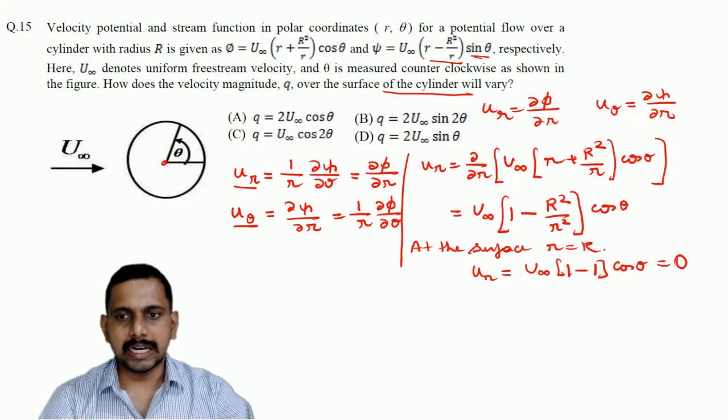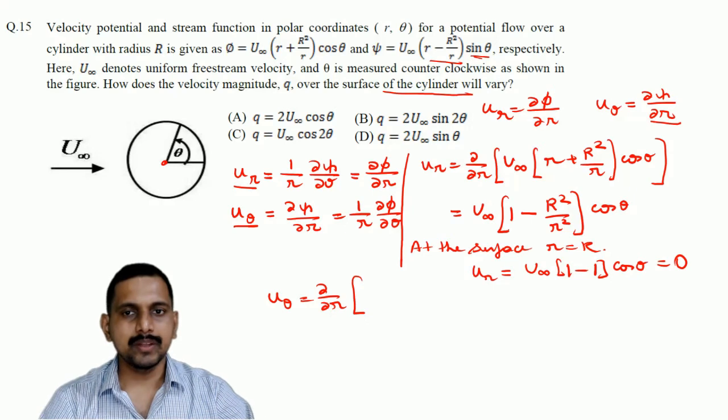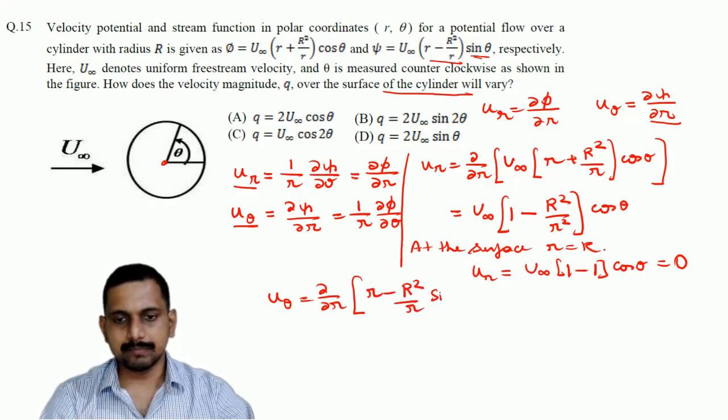What about u theta? Let us take u theta. U theta we are taking as dou by dou r of psi, which is equal to dou by dou r of u infinity into r minus R square by r sin theta.